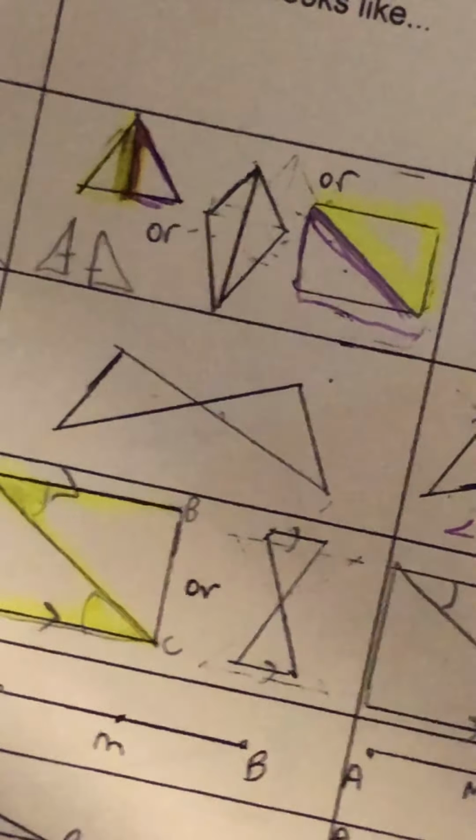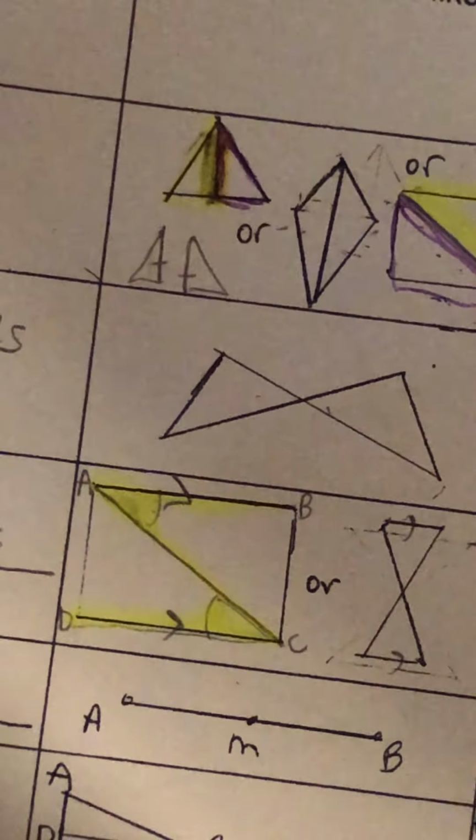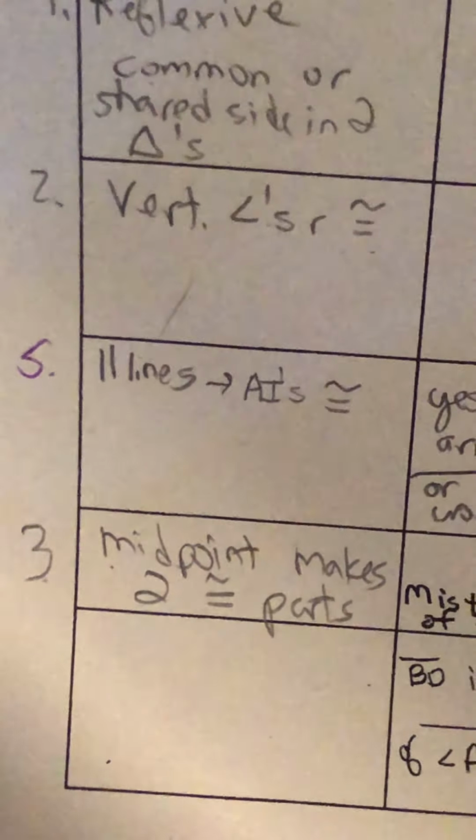Here's the last two. This is number 3 we did up there. And that is if you have a midpoint, it makes 2 equal parts, or 2 congruent parts. So that's that one.